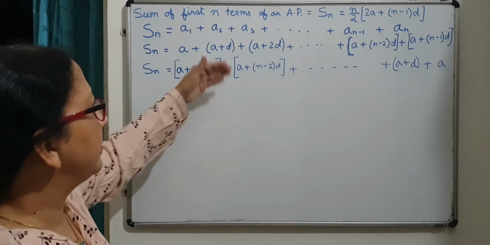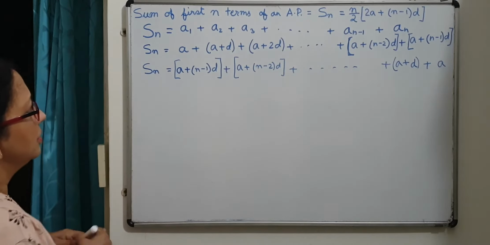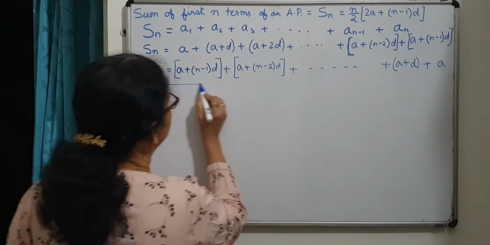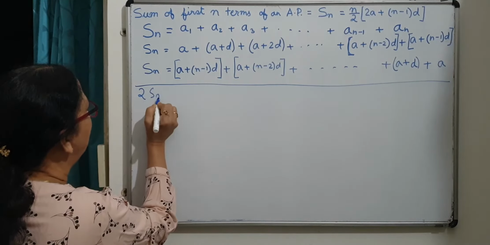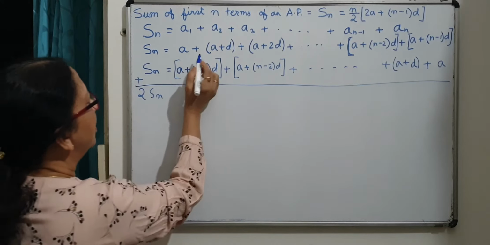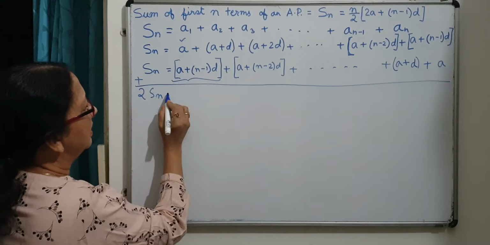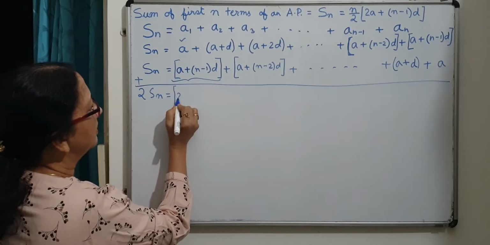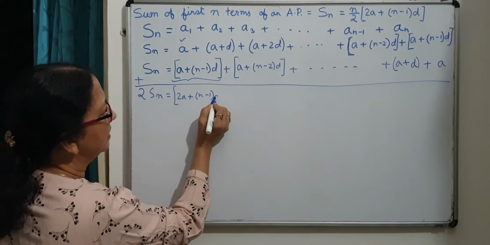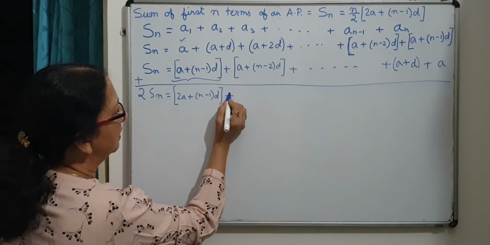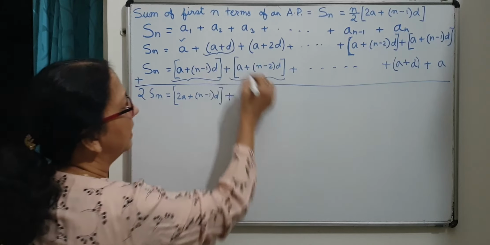So now if I add these two equations, Sn plus Sn, so it is 2Sn. So now first term plus first term: a plus a, twice a plus this n minus 1 into d, plus now this second term and this second term I will be adding.